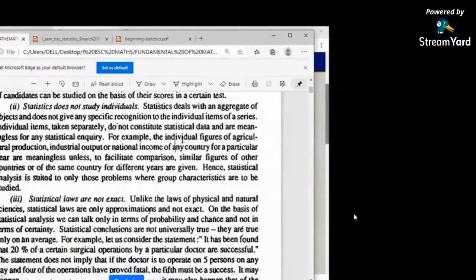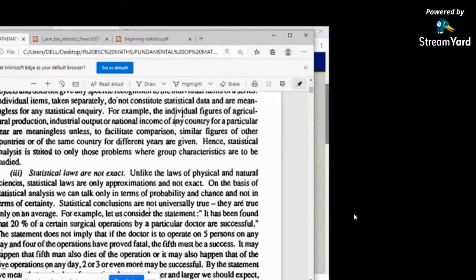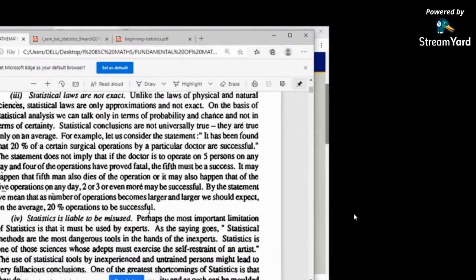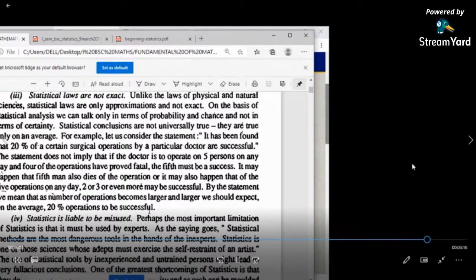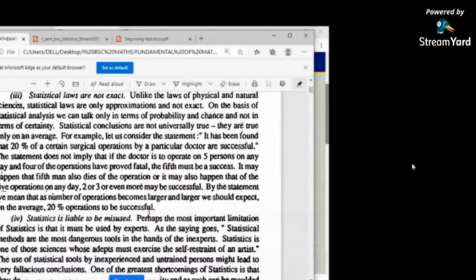Okay. Statistical laws are not exact, they are approximate. Suppose we have collected data and obtained some mean, median, or mode. It may not be the exact value, it is an approximate value. Using that approximate value, we can make decisions. Like mathematics, it may not give the exact value, but it is sufficient for making decisions.